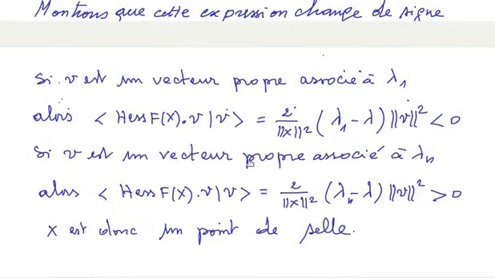But if we take for v an eigenvector associated with lambda n, in this case, the value of the Hessian for this vector v becomes 2 over norm of x squared, lambda n minus lambda, norm of v squared, and this quantity is positive since lambda n is strictly greater than lambda.